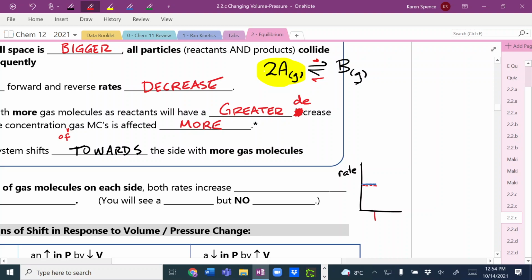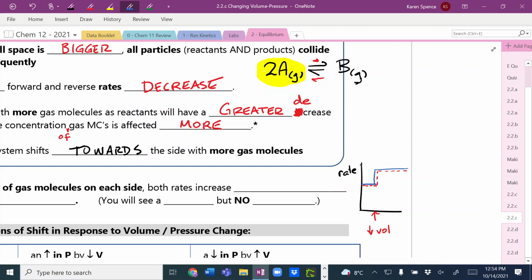And then if we decrease the volume, increasing the pressure, both rates are going to go up, but they go up by the same amount, and therefore there's no shifting. So what happens is those rates just stay the same, and so you don't get a curve, you just get new rates that are faster than before, but both still equal. Because they don't have to meet in the middle because they've already met.